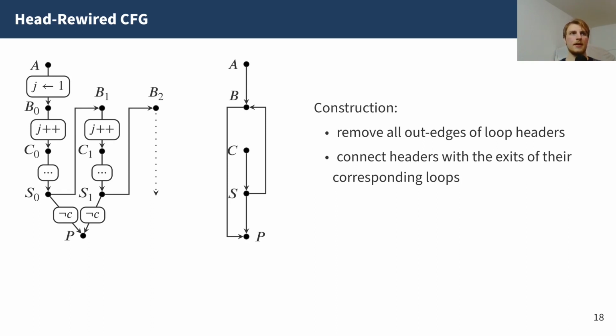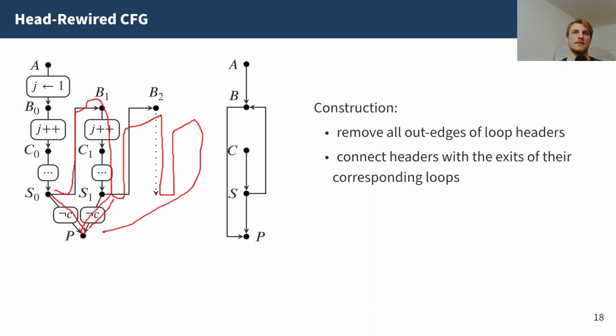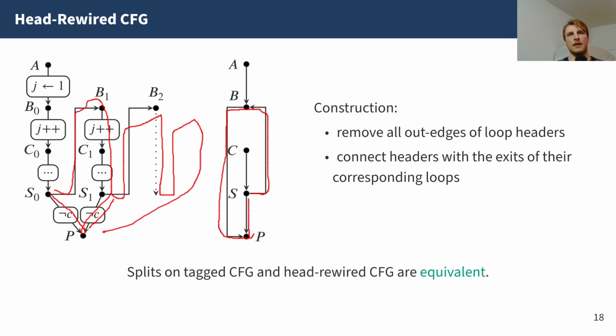Here we can see there are many possible ways to create disjoint paths. But they all originate in some instance of S. On the head-rewired CFG, there's also one pair of disjoint paths to P, and it also originates in S. As it turns out, this correspondence holds in general and also in both directions.